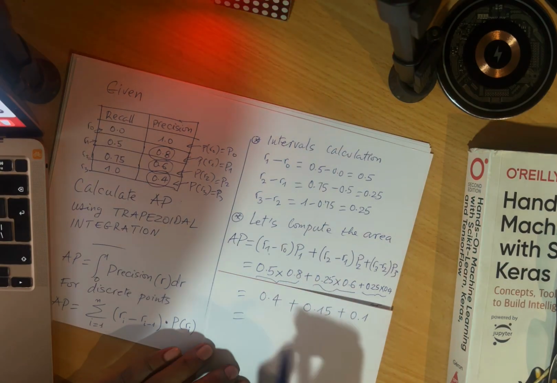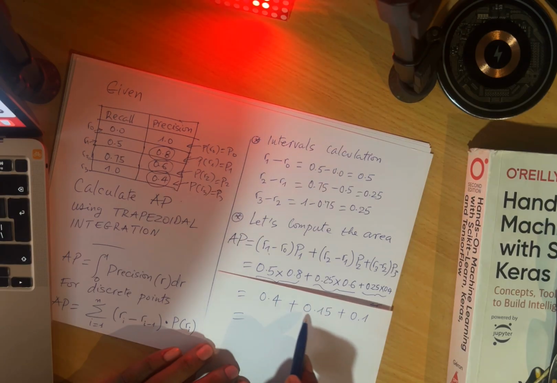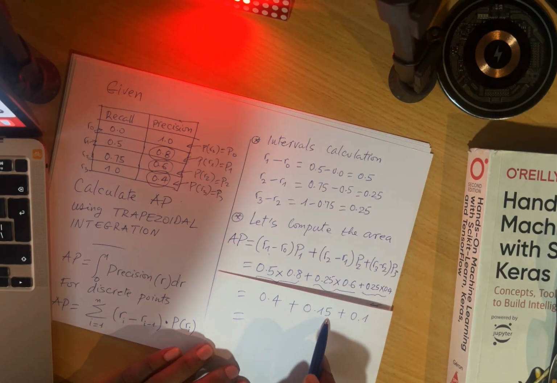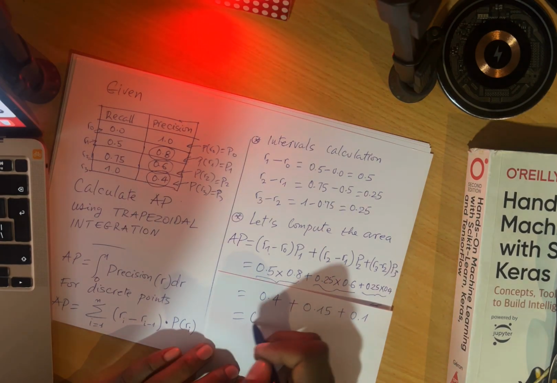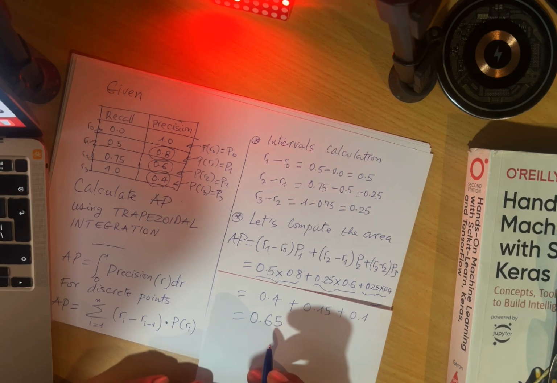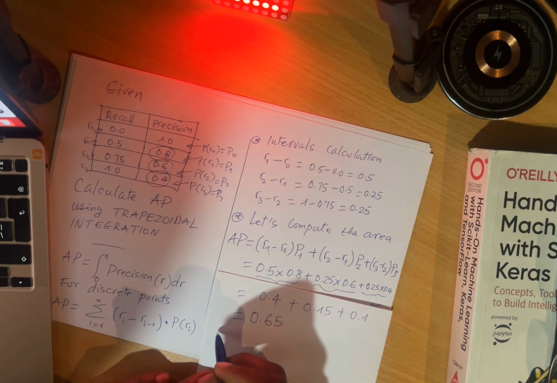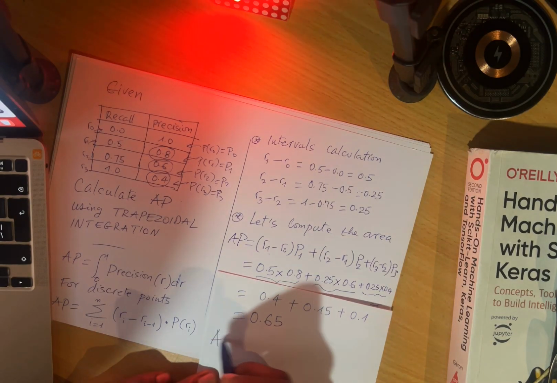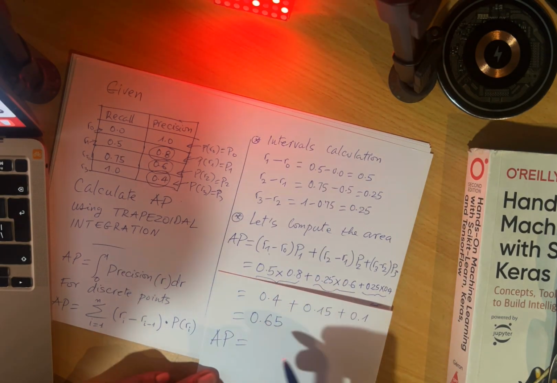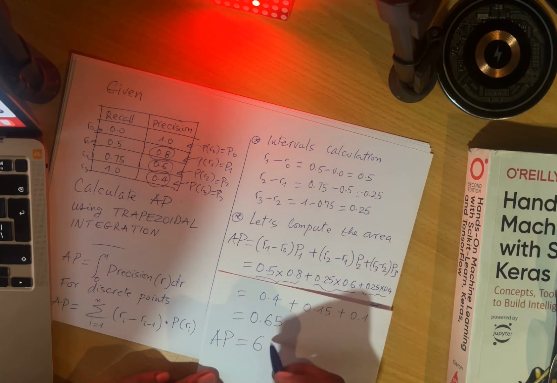The summation gives us 0.65. Okay, so this is the average precision. Yeah, average precision equals 65%.